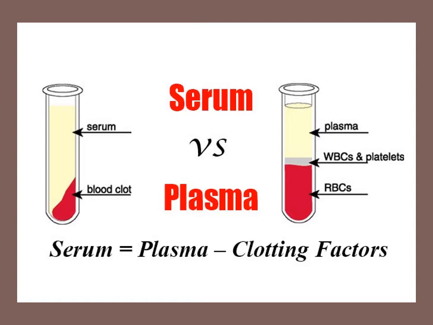Plasma at the top, and then you get this little layer between the plasma and the red blood cells, and that's where all your white blood cells and your platelets are. And then basically the rest of it is all red blood cells. So the red blood cells really do make up the vast majority of the formed elements in your blood. So what's serum? It's plasma minus all of the clotting factors.